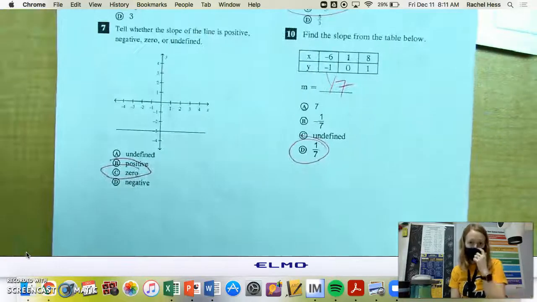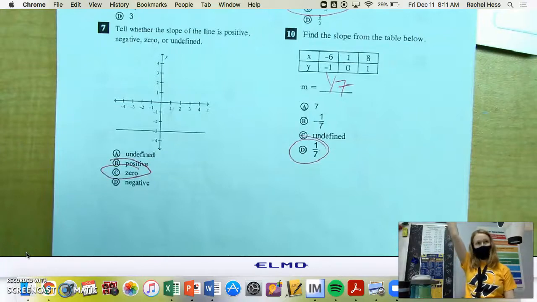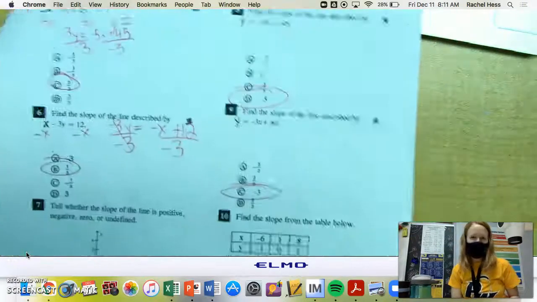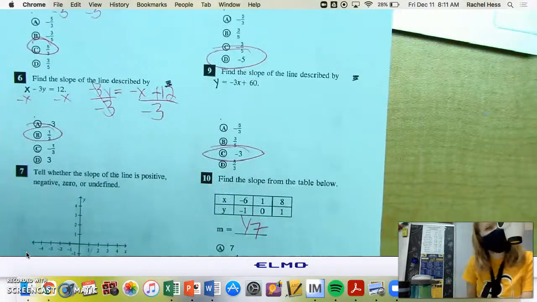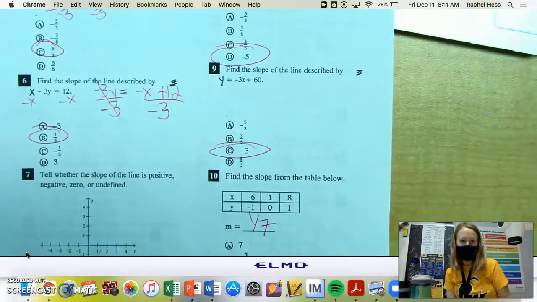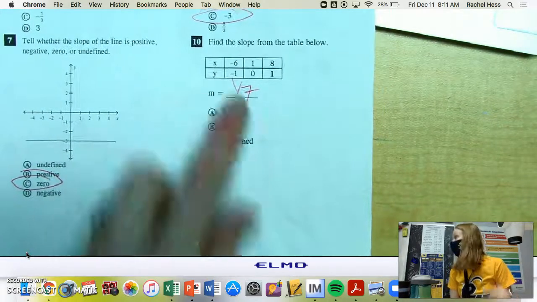7, slope of any horizontal line is 0. And then vertical lines are undefined. Yeah, the U word, whatever it is. And then the slope of the line here, when you're in slope-intercept form, it should be pretty quick. This is where everybody messes up, when you're finding the slope from the table.